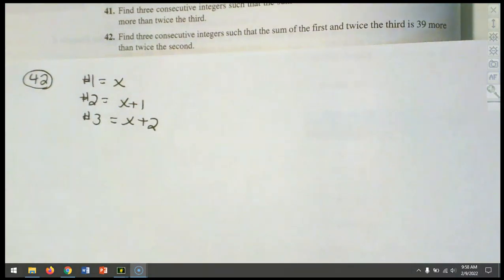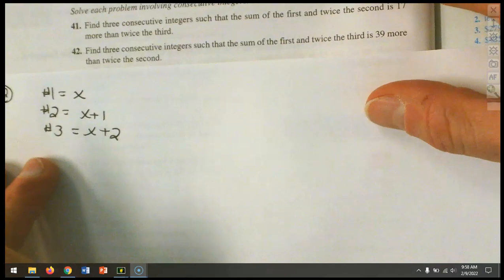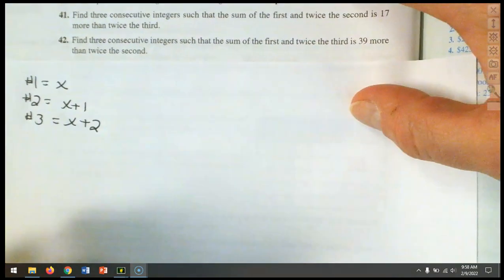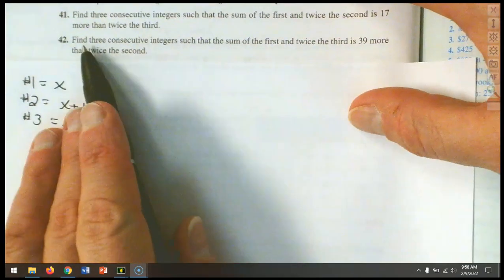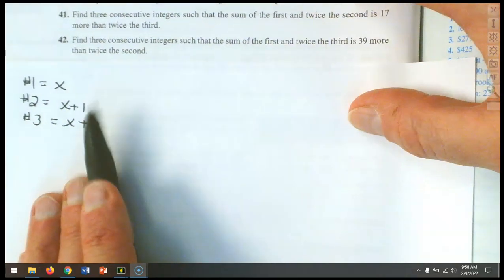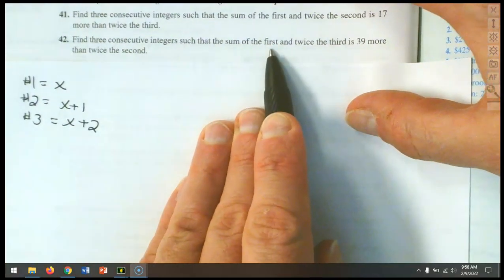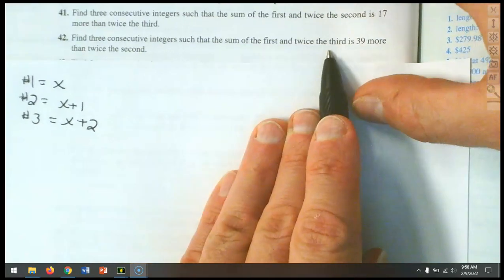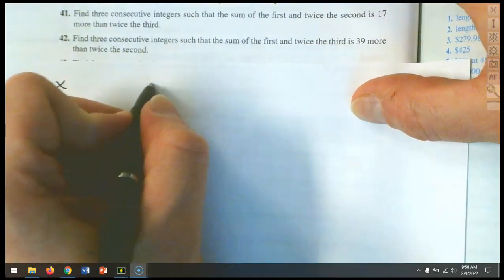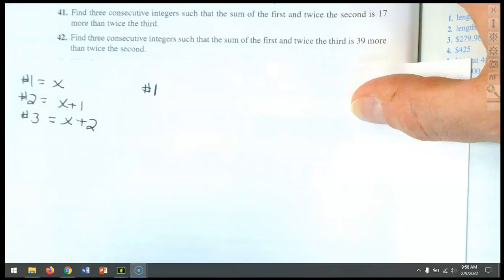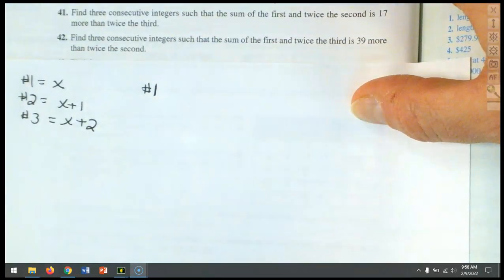Now we're going to try to build our equation. So let's see what we've got. Okay, find 3 consecutive integers, that's this part, such that the sum of the first and twice the third. Okay, the first number, we'll just use a 1 there. Don't put the variables x in yet, because I think it'll be confusing if you start putting the variables in.